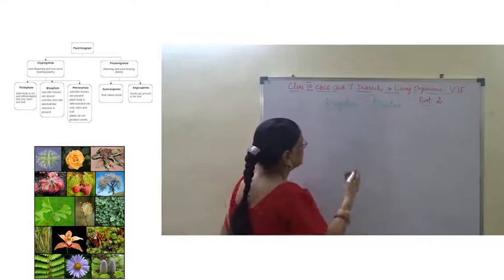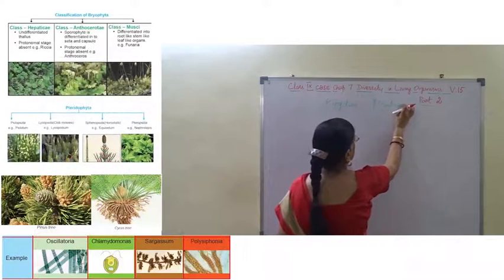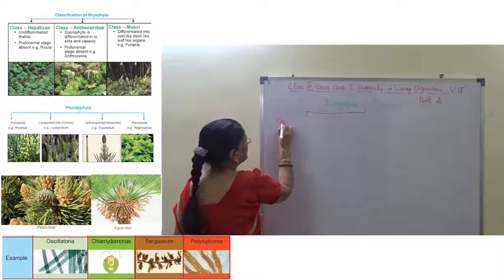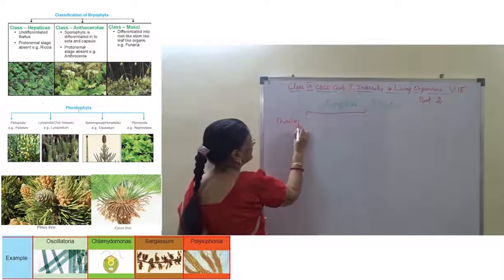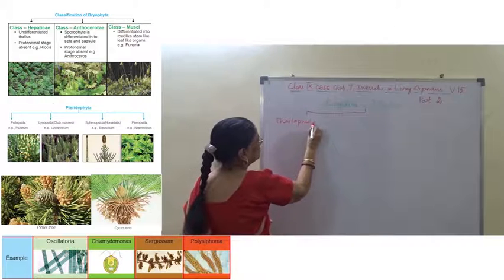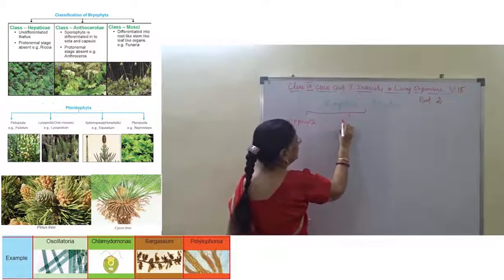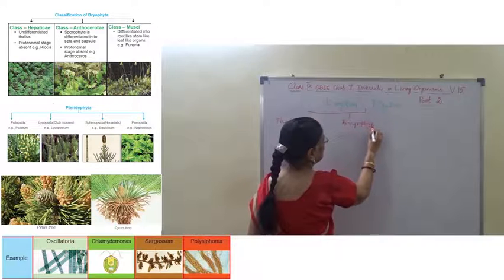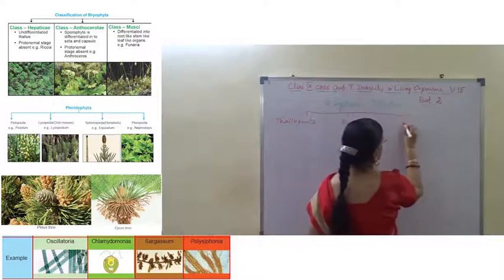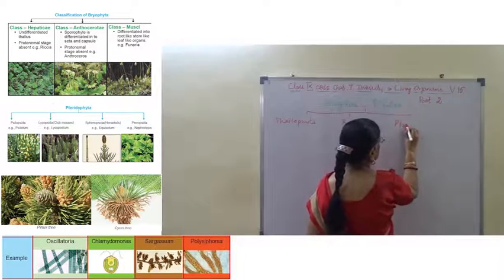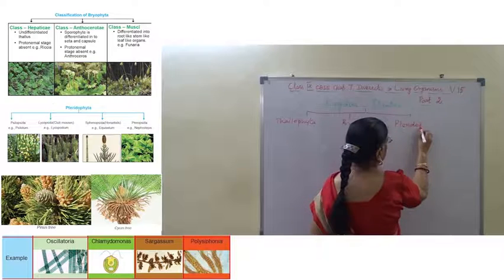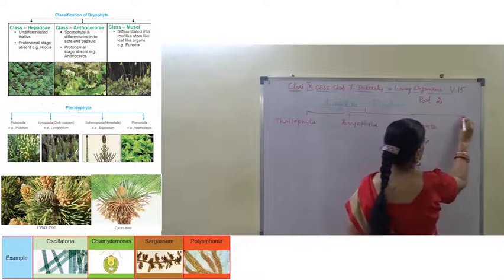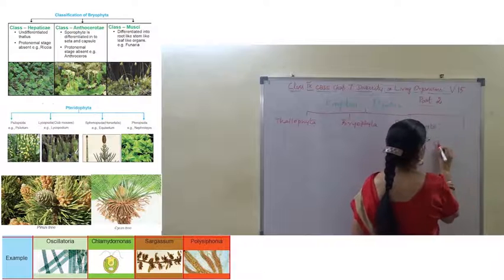The major groups of plants are: first Thallophyta, second Bryophyta, third Pteridophyta, and fourth Spermatophyta.